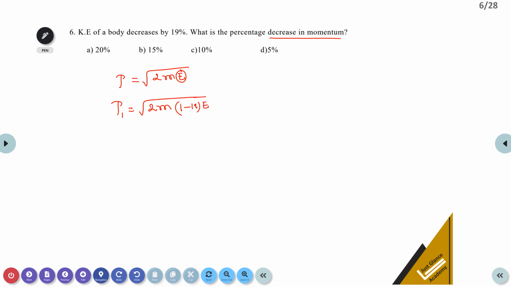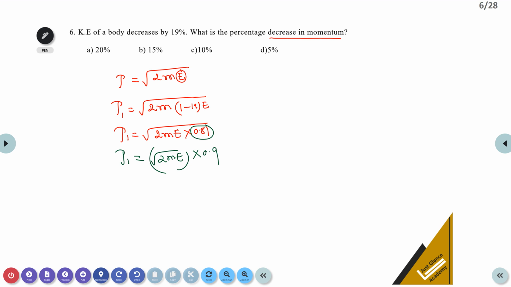1 minus 19 of E. P1 equal to square root of 2m into E into 0.81. What is the square root of 0.81? The square root of 0.81 is 0.9. P1 equal to square root of 2mE into 0.9.